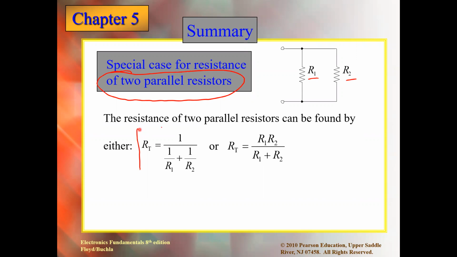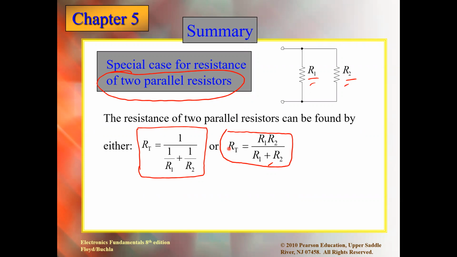Do you remember that we discussed this formula already? If we simplify this one by taking the LCM, we can have this version of the formula. And this is called the product over sum rule. It's so simple, just multiply R1 and R2, divide by the sum, and you will get the total resistance. Are you getting it? Yes. Okay, this is again a special case.